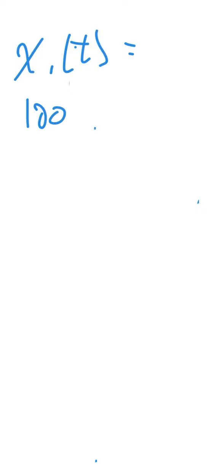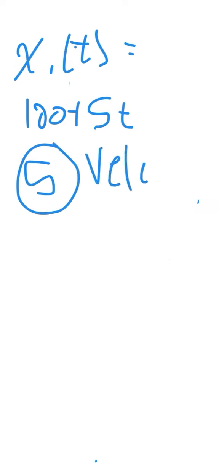So, in order to find that out, you have to find the velocity of both of the equations first. So first we have x1(t) is equal to 100 plus 5t. So in this equation, 5 is the velocity.